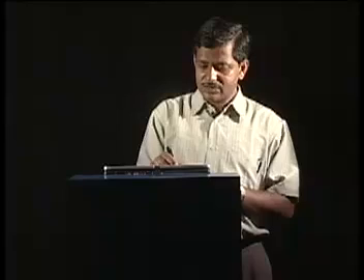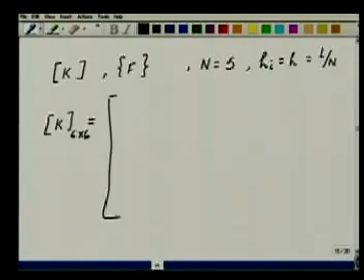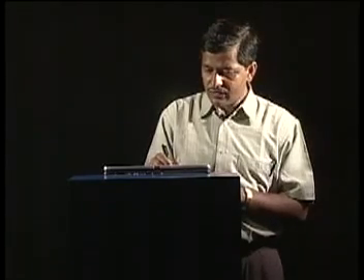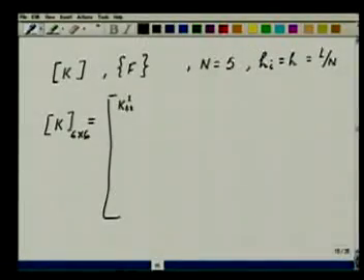So let us do that. So here I have this big K matrix. So from the first element, the first and the second entries of the element go where? They have to go to the first row and the second row and the first and the second column, because for element 1 the global phi's which are non-zero are the phi1 and phi2. So here will come K11 of element 1.